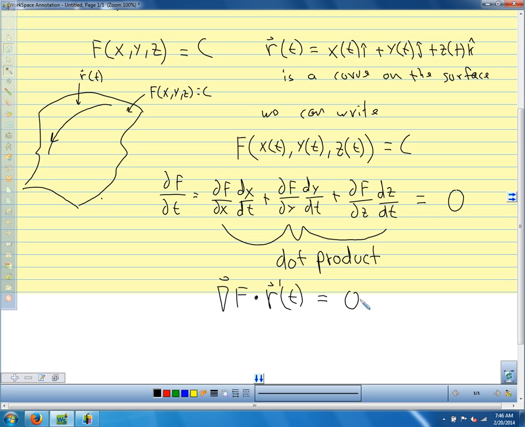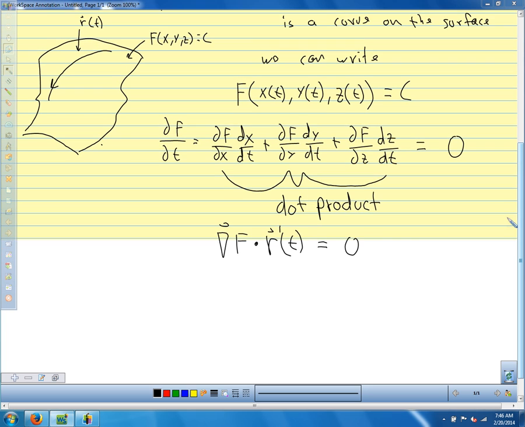Del f dot r prime is 0. What does that tell us about the gradient and r prime? They are orthogonal. There's a 90-degree angle between them.